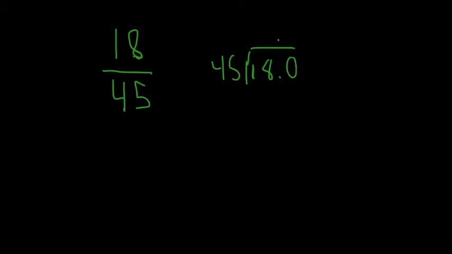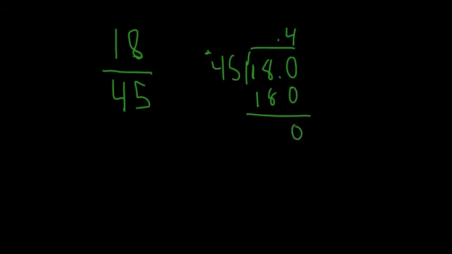And we see how many times 45 will go into 180. And it should be 4 times. 4 times 5 is 20. Carry the 2. 4 times 4 is 16, plus 2 is 18. So we get 4/10.